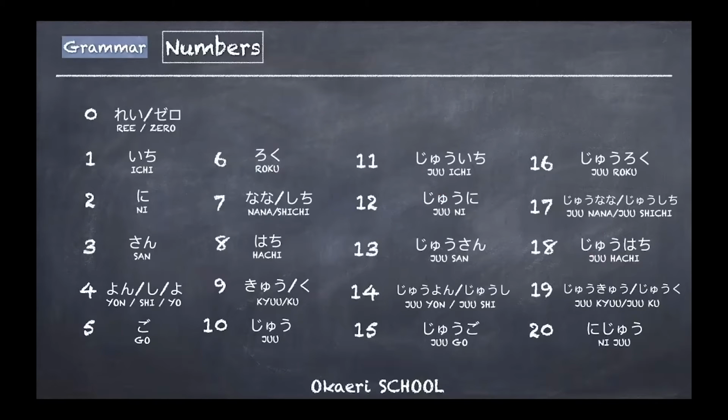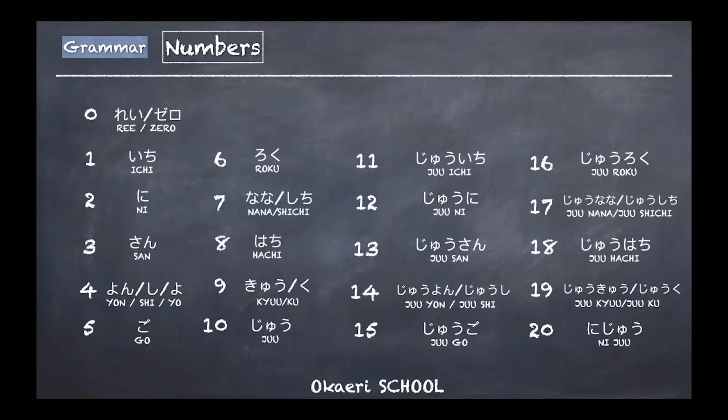Well, let's review first. 0 to 20. As mentioned before, when you know how numbers work in Japanese up to 10, it will be a lot easier after that, like 11, 12, 13, 20, 30.